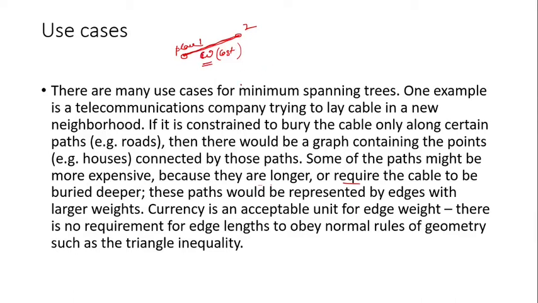So this is a very interesting application of minimum spanning tree. In terms of cost, they can also find currency. First they will see the distance, and then through distance how deep the cable is. All those things will come together and they will decide upon the cost.